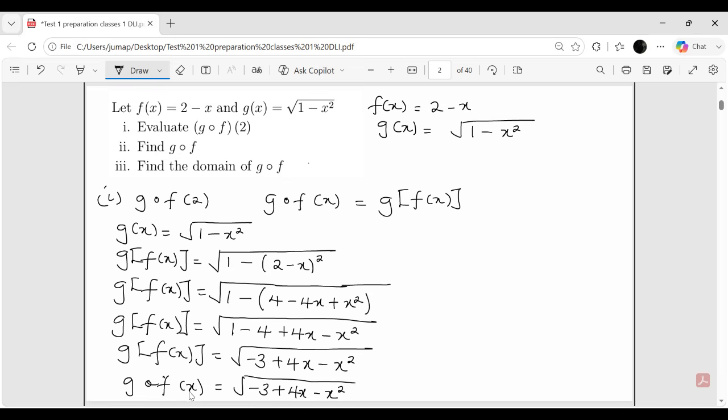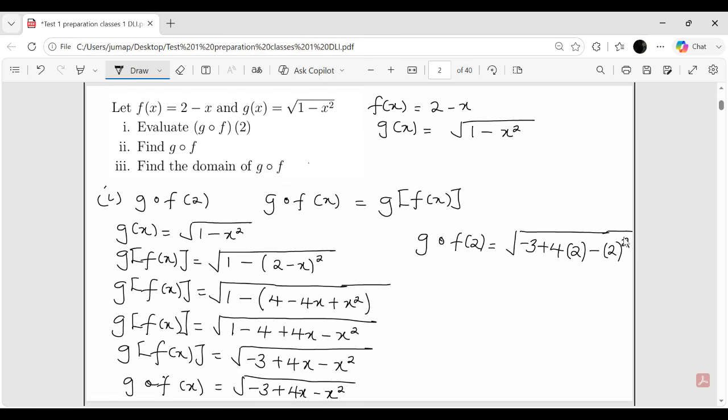Now, when you're finding g of f of 2, you check where there is x, and where there is x, you replace it with 2. So you write what you've gotten here, which is negative 3 plus 4, where there's x, you replace with 2, then minus 2 squared.